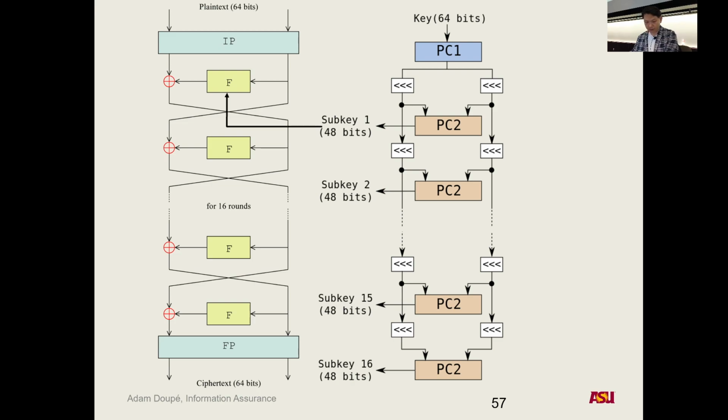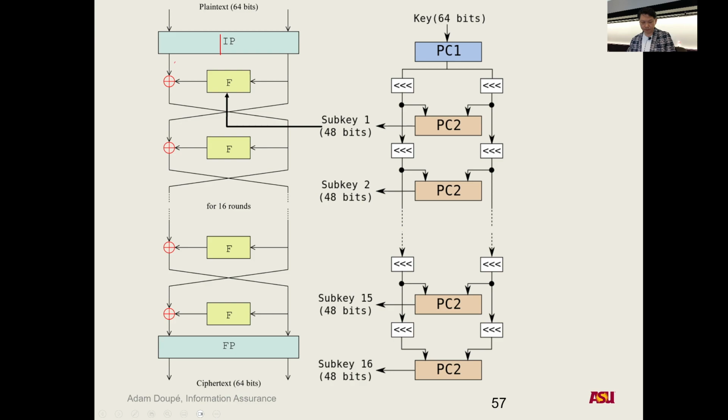Each round needs a new key, here called the sub key. Here it is actually 64-bit, but it is reduced to a 56-bit key, and finally reduced to 48 bits in these steps. Here we have 32 bits again.